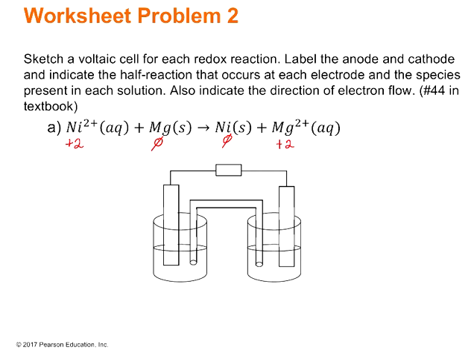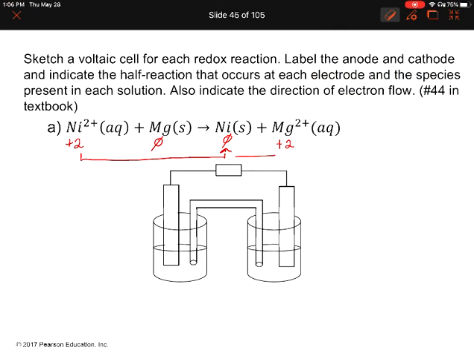Is nickel gaining or losing electrons? It is gaining electrons because it's becoming less positive. So this would be oxidation or reduction? Reduction.